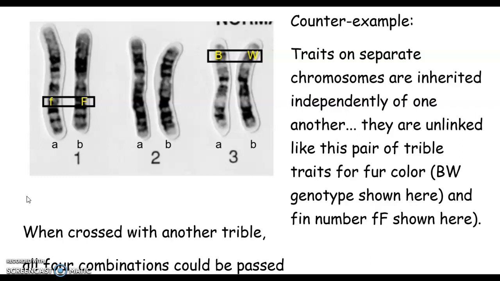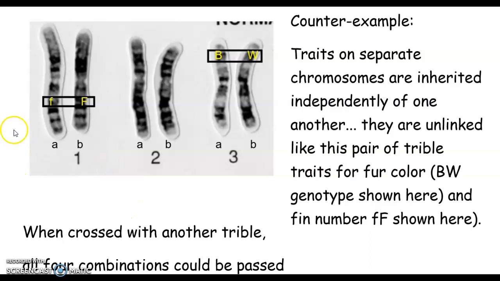Traits that are on separate chromosomes are inherited independently of one another. They are unlinked. Like in this case, this trait for fur color over here on chromosome number 3 and fin number, little f and big F on chromosome number 1, okay?